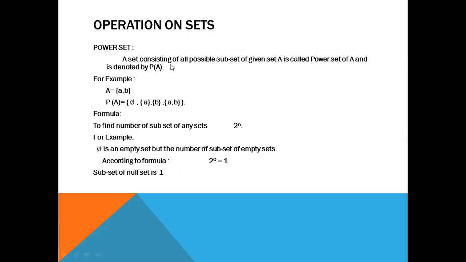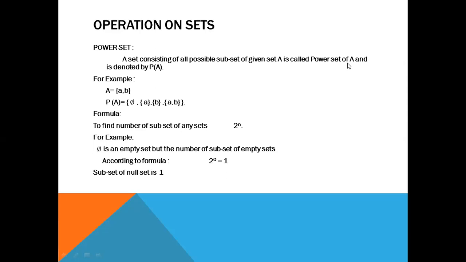A set consisting of all possible subsets of given set A is called the power set of A. It means that we find all the possible subsets and we enclose the subsets within curly brackets. Then the set is called the power set of A, or P of A. Is it clear? And the same formula, because the subsets are the elements of P of A, the same formula which we used in question 1 when we were finding the subsets, we use for the power set of A: 2 raised to the power n.